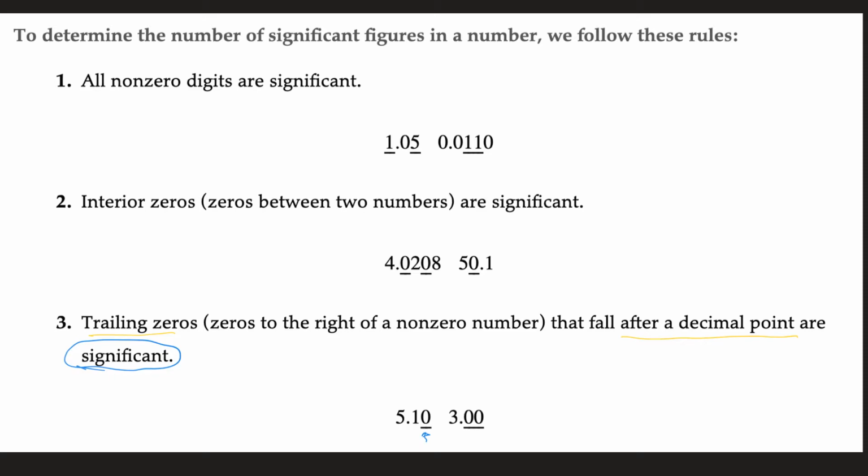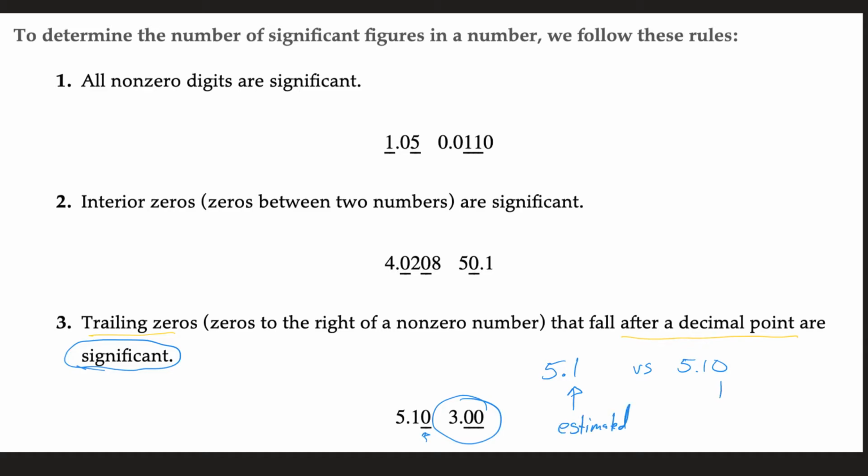We look at this 0 here at the end of 5.10, and if it's not significant, why would we include it in the first place? Why not just write 5.1? Or in this other measurement, why not just write 3? Is there a difference? Yes, there is. So if I compare 5.1 and 5.10, in this first measurement, the 1 is estimated.